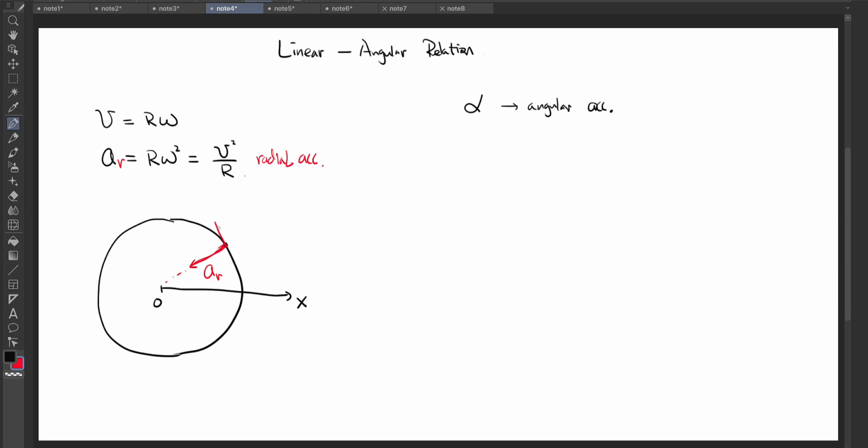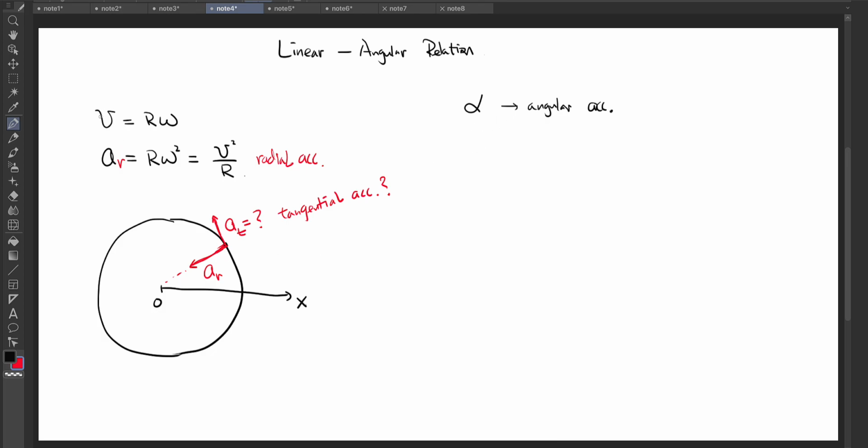We have a direction that we called tangential previously. So now the question is, is there a quantity called AT, tangential acceleration? Is there such a quantity? The answer is yes, and we can actually relate AT to alpha.